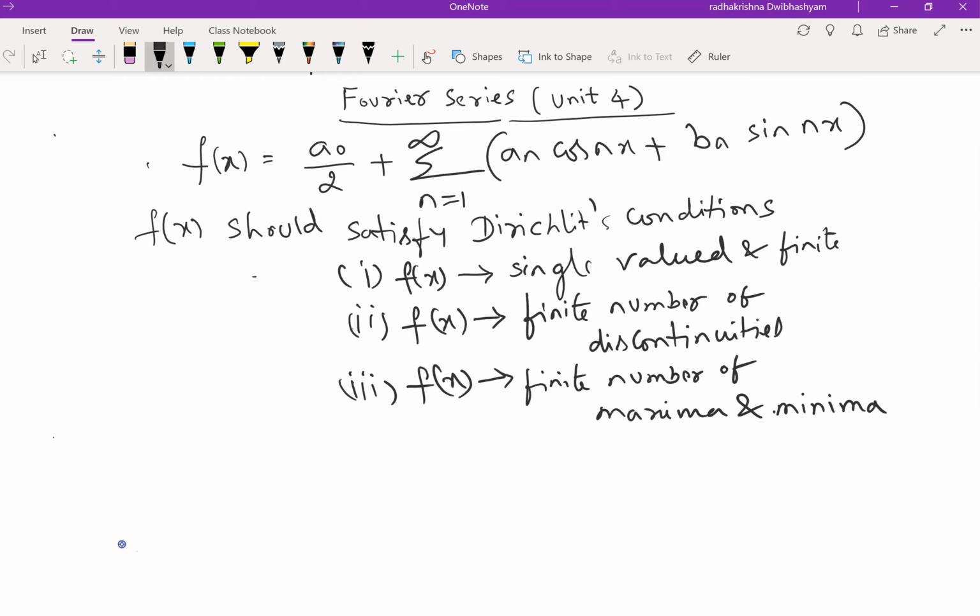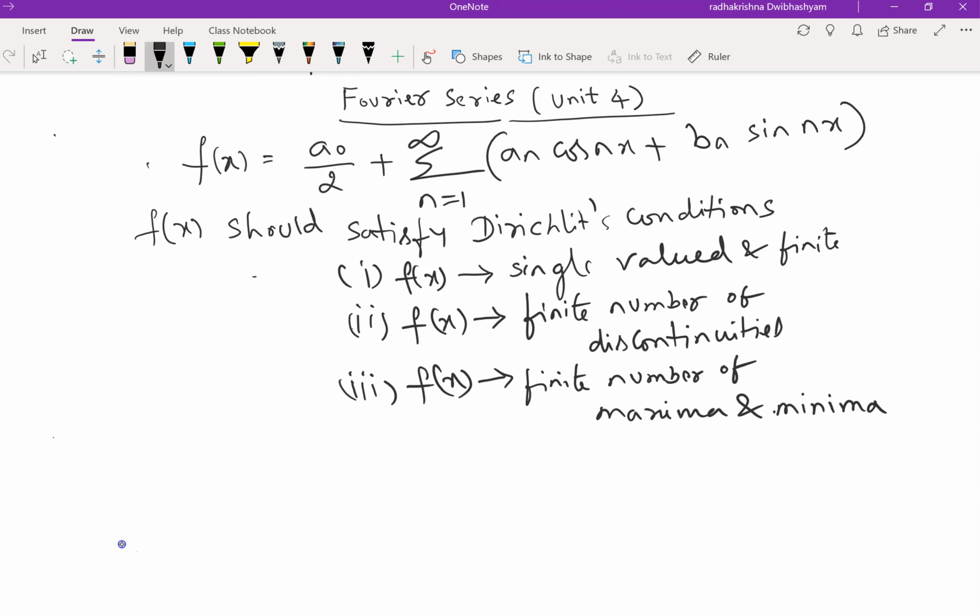These are Dirichlet's conditions. That means f(x) should satisfy these three conditions. If f(x) satisfies these three conditions, then only we can expand that function in the form of Fourier series. What is the first condition? f(x) must be single valued and finite.